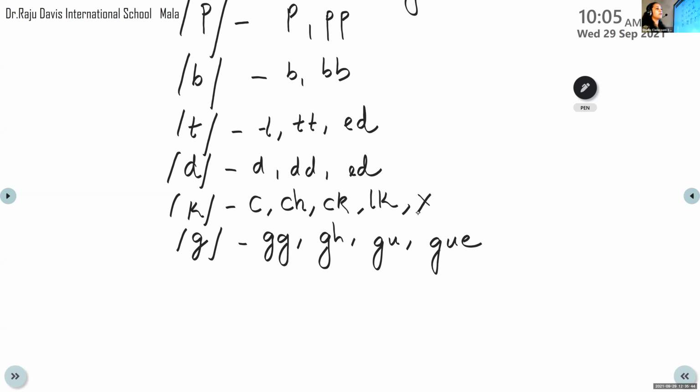Box. Before the S sound, there is a K. Box.